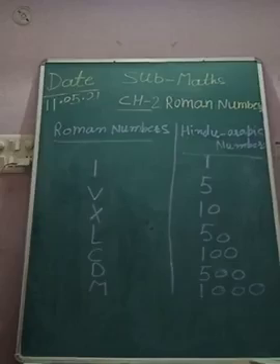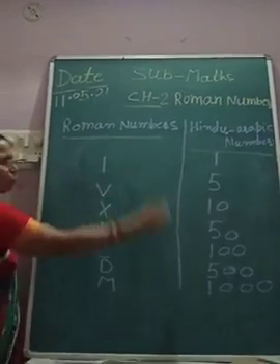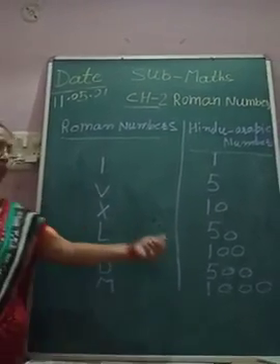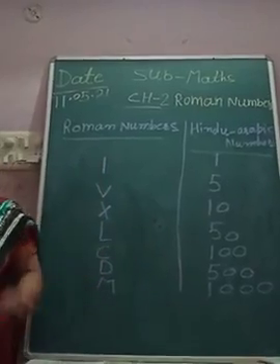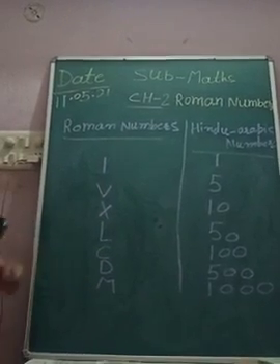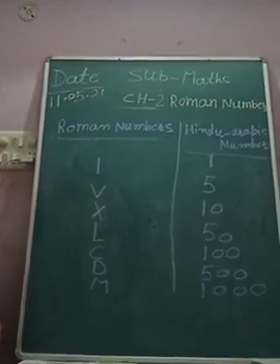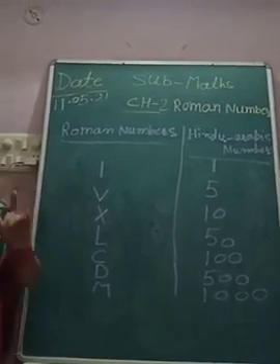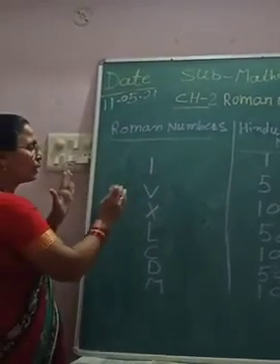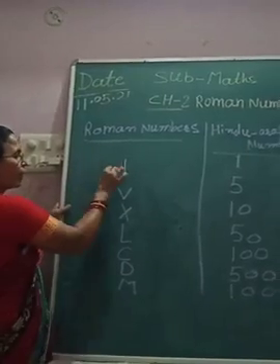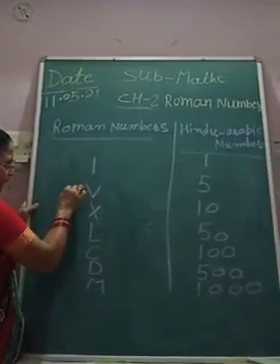Only these 7 symbols, with this you can write the number, you can add the number, you can subtract the number. Only these you have to use. Now, just listen one time again.